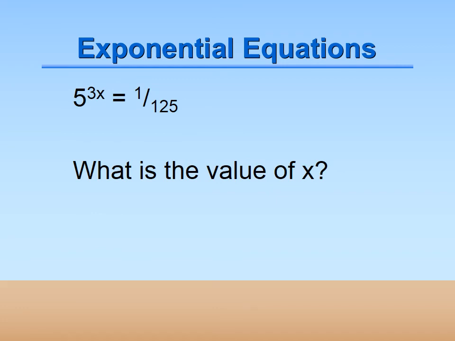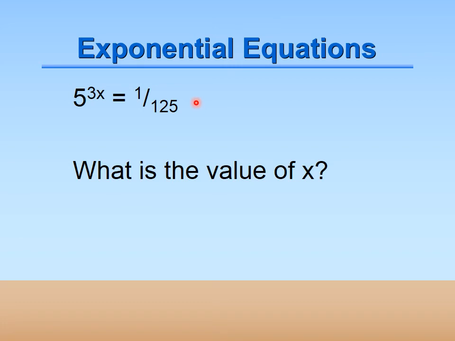All right, let's try this one. 5 to the 3x equals 1 over 125. So the question is, can 125 be rewritten as 5 to some power? Well, yes, it can be rewritten as 5 to the third power. However, if we rewrite 125 as 5 to the third power, it's in the denominator.